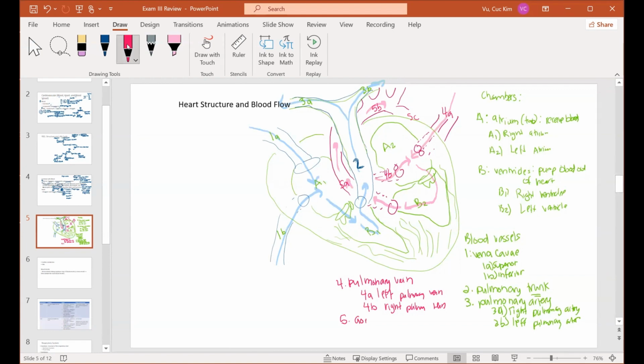Going to be the aorta. 5A is going to be the ascending aorta. 5B is going to be the aortic arch. 5C is going to be the descending aorta.